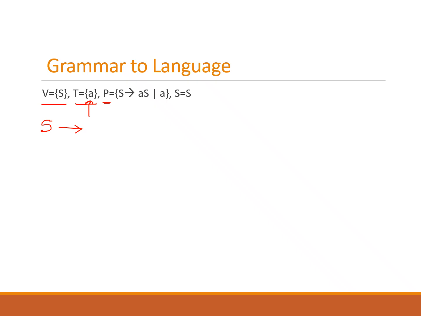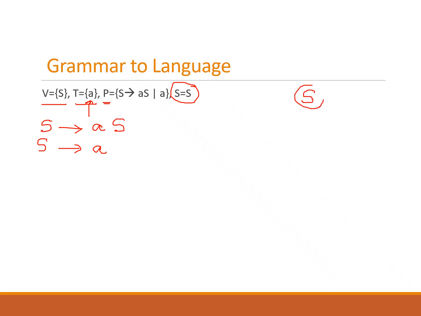One is S tends to AS, the other one is S tends to A. So now either I can expand S using this rule or the second rule. And since there is only one non-terminal, it is the starting symbol. Now let us first see how we can do the derivation of the strings.